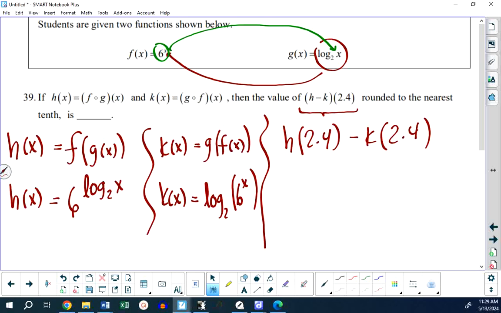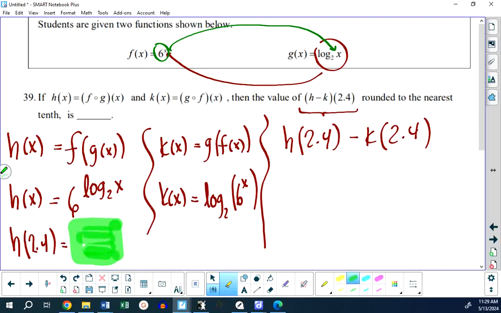So now what we need to do is find out what h of 2.4 is, so that we can put that here. And we need to determine what k of 2.4 is, so we can put that here.